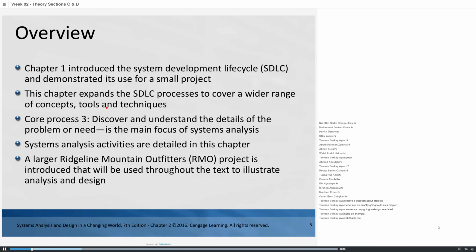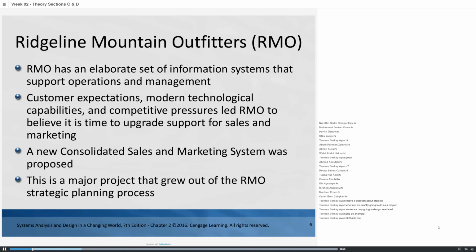It will be important for us. Also, it is another important thing to understand the RMO project, Ridgeline Mountain Outfitters, because we will teach and show the techniques of this course via this specific scenario.